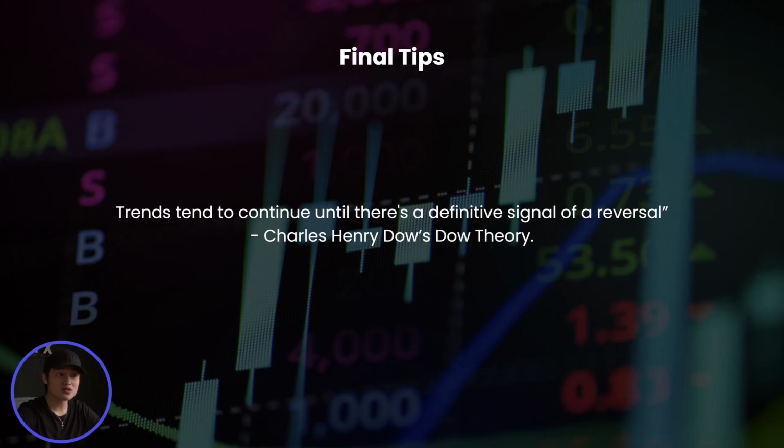If you are not seeing a definitive signal of reversal, you haven't seen a change of character, you haven't seen any chart pattern that's going to reverse the trend, you should not open another, different position. If you are in a bullish or long position, you should stay in the long position until there is a definitive signal of reversal. Okay, that's the final tips.